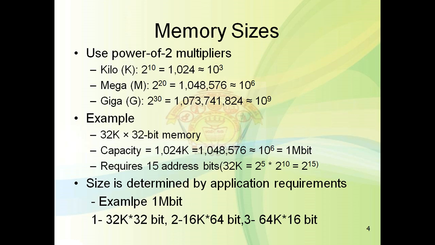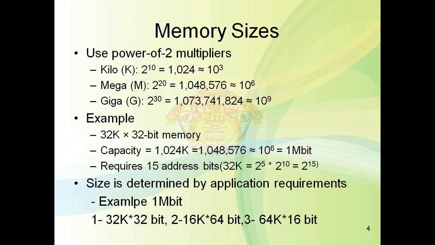It is 32k into 32 bits. 32 into 32 is 1024 kilo, that is 1048576, which as we have seen earlier is approximately 10 raised to 6, that is 1 megabit.